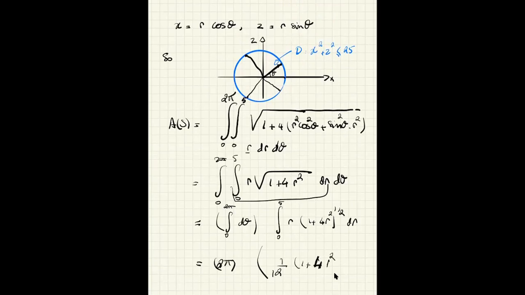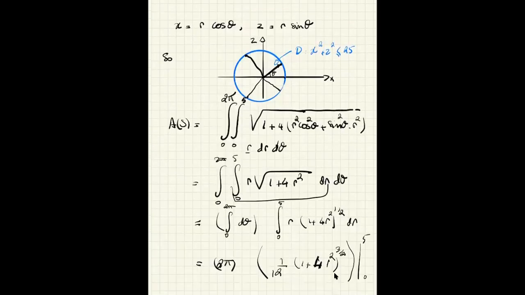1 plus 4 r squared to the 3 halves, right? Yeah, that's the calculation you have to do between 5 and 0. And yeah, because it's 4 times 2, yeah, it works.